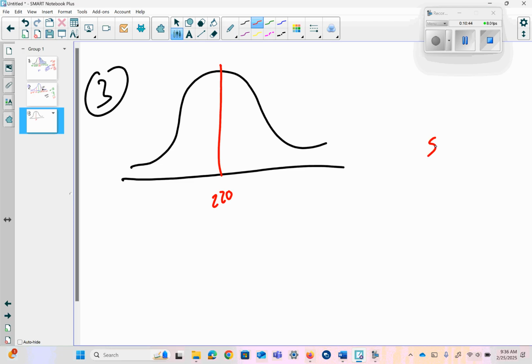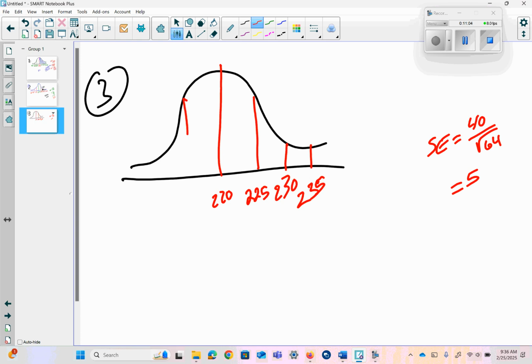So we have to figure out our standard error, which is the standard deviation over the square root of the sample size, which in this case is 64. So that's going to come out to 5, I believe. So that means you've got 225, 230, 235, 215, 210, and 205.